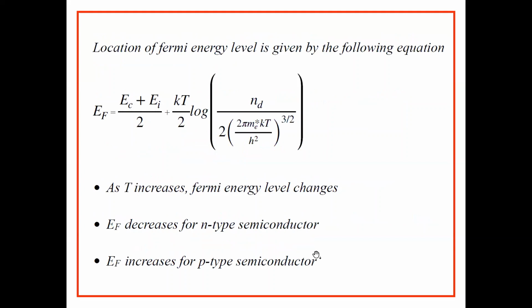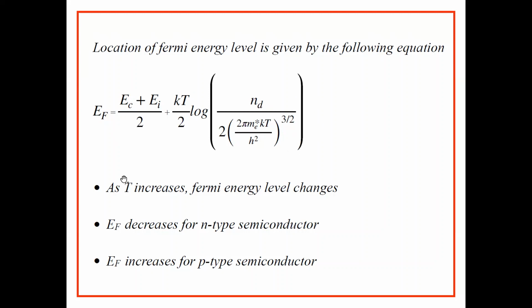The location of Fermi energy level is given by the following equation. This we have already discussed in the last lecture, that is part 1 of this lecture. We determined the location of Fermi energy level by simplifying the equation, and EF is equal to EC plus EI upon 2 plus kT upon 2 log of ND upon 2 into 2 pi me star kT upon h square to the power 3 by 2.